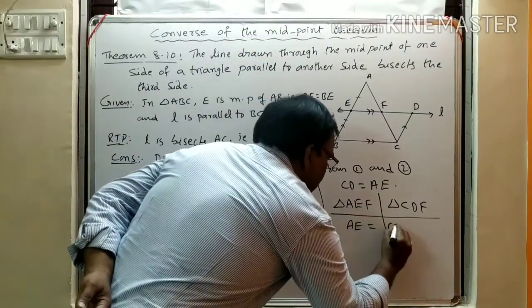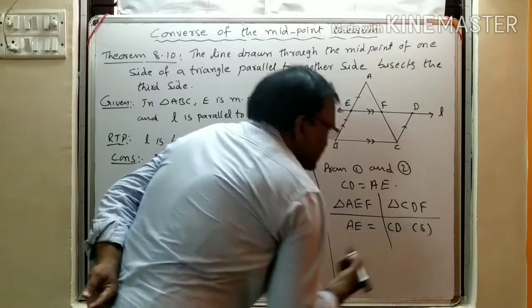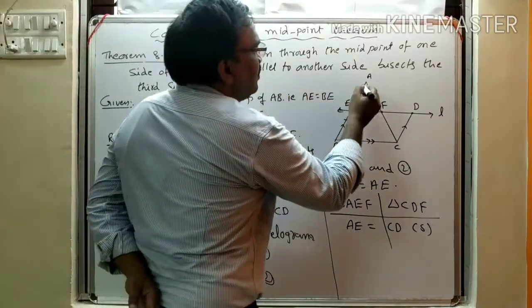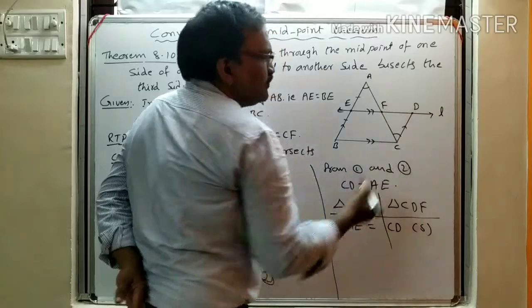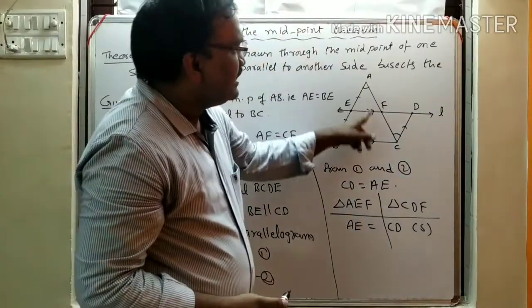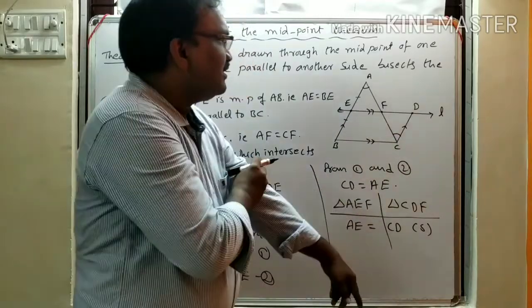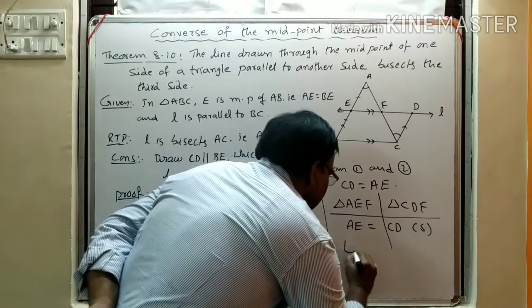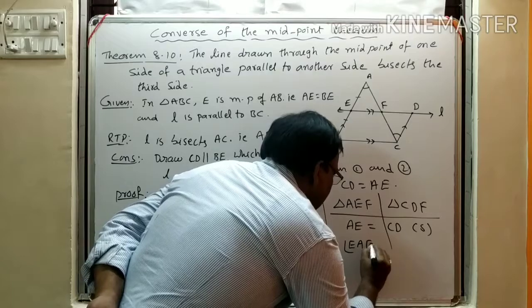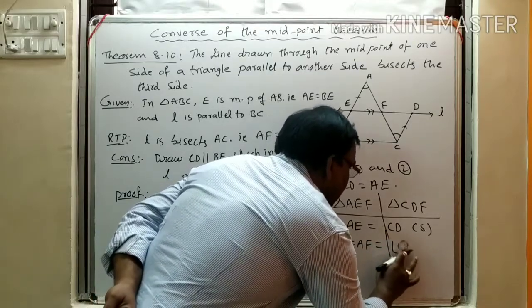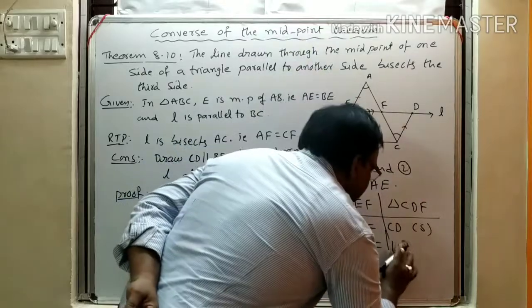This is one side, just proved. Next, what are these two angles? Alternate interior angles. Angle EAF is equal to angle DCF.